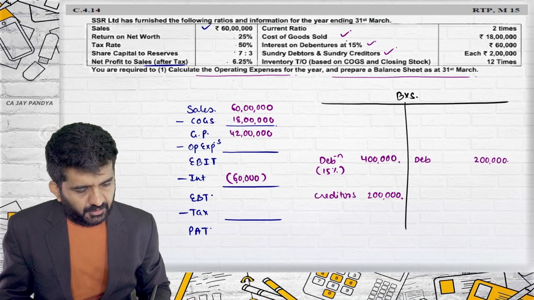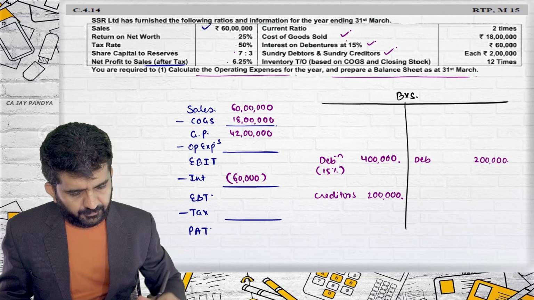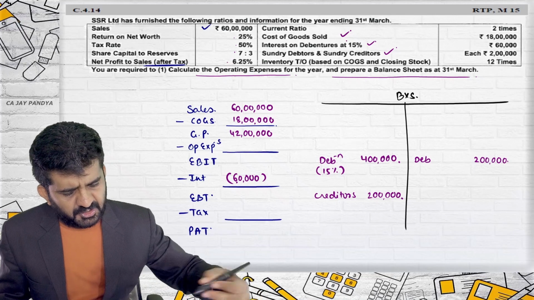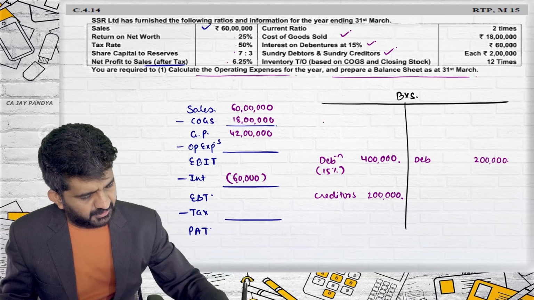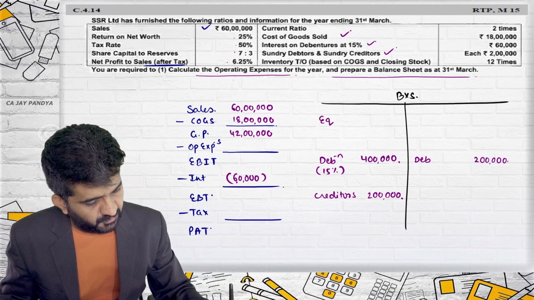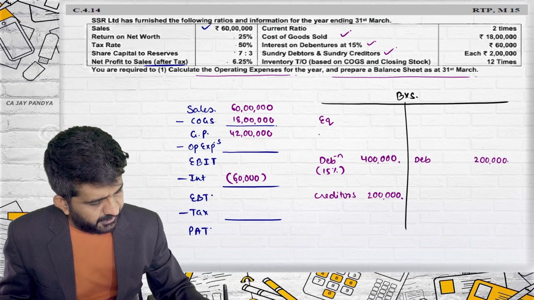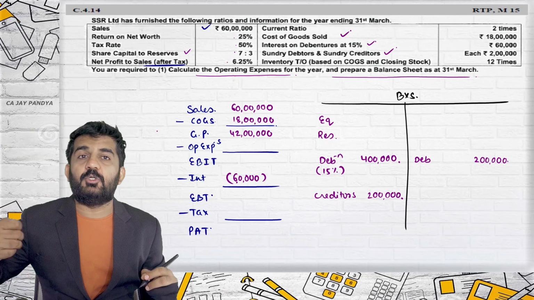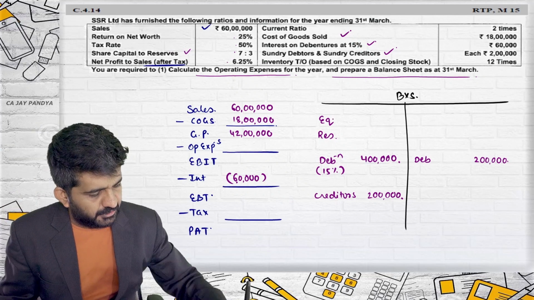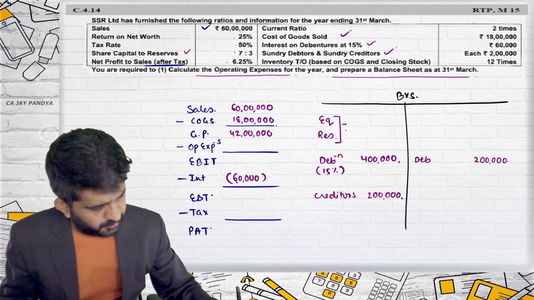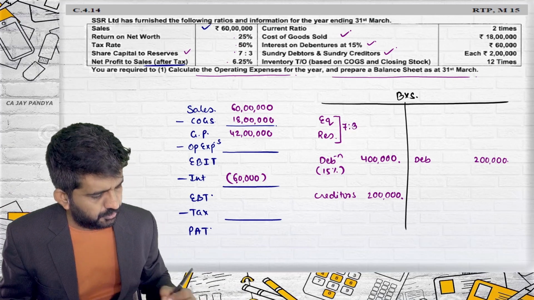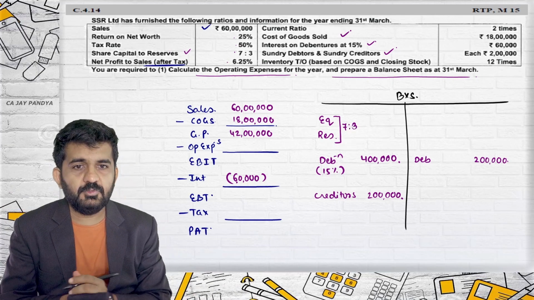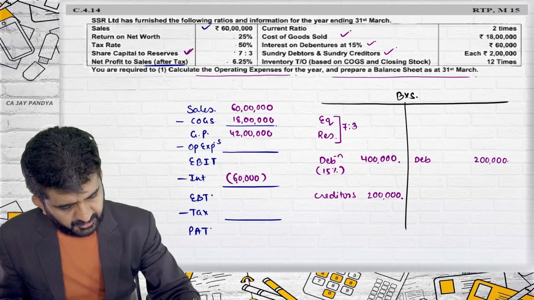All right. Let me do some equations and try to find out the answer. Here I will be having the answer of equity and reserves. Share capital to reserve is 7:3. So let me write down these two ratios, 7:3. Correct.